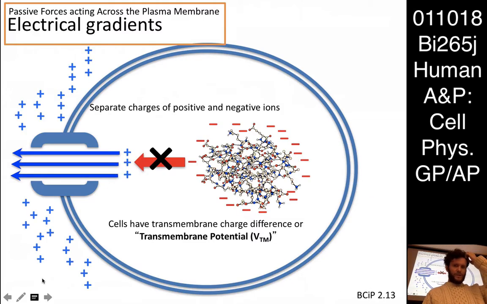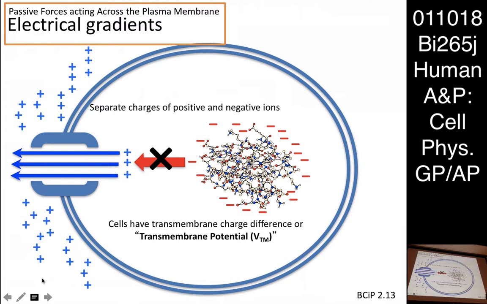All right. So there is an electrical gradient across the membrane. I guess I've already said this since the beginning of the hour here, but we get a separation of charges across the membrane, and this transmembrane potential is represented as V. And then just talking about whatever the transmembrane potential is, it would be V sub Tm.